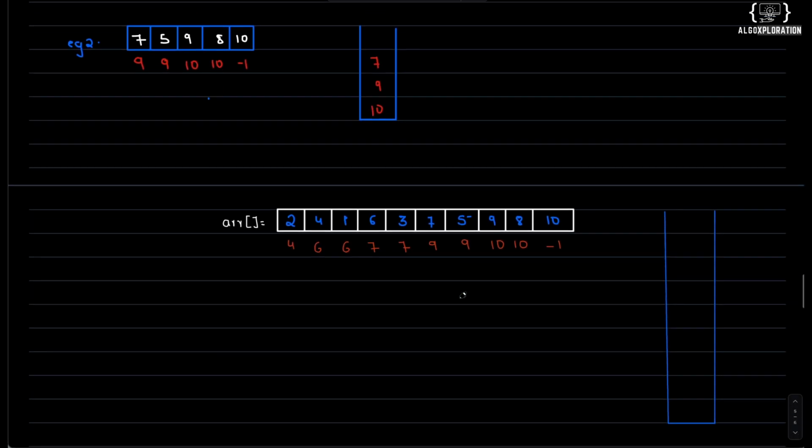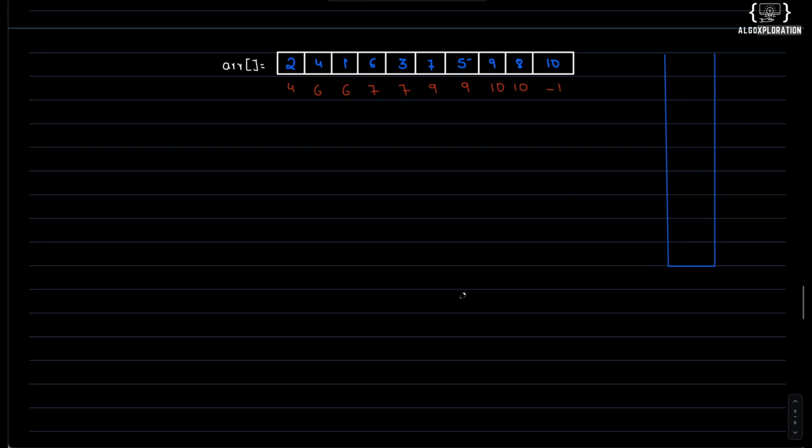So let's now come to the original question. Initially the stack is empty, so obviously for this the element will be -1, and don't forget to push 10 to it. Now for 8, the top of the stack is 10, so I'll store 10 and push 8 into it.